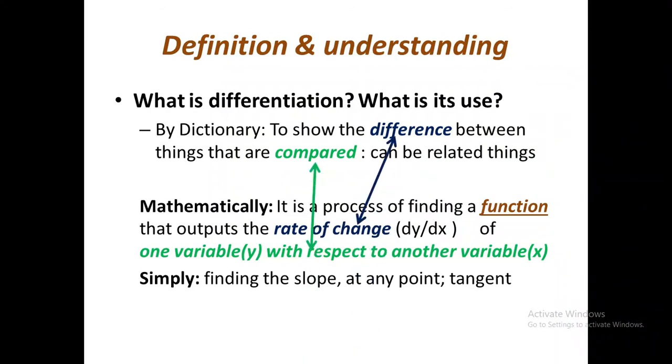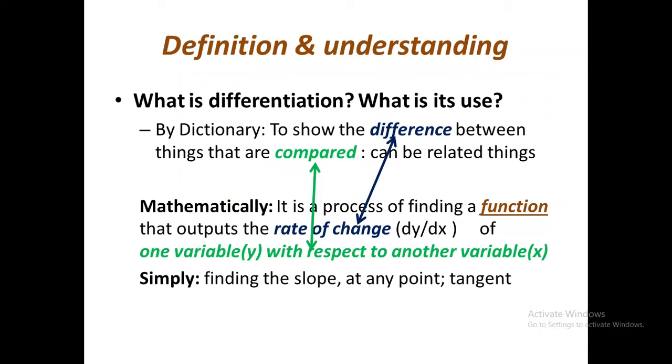So you see these words, the difference mathematically means rate of change. When we say compare, it is represented as the change of one variable with respect to another variable. Here there is another word which is called rate of change.